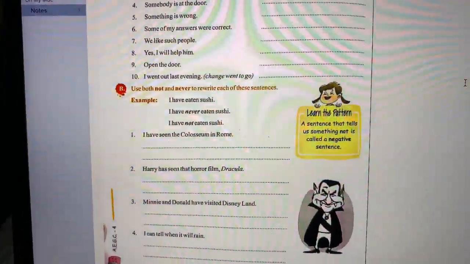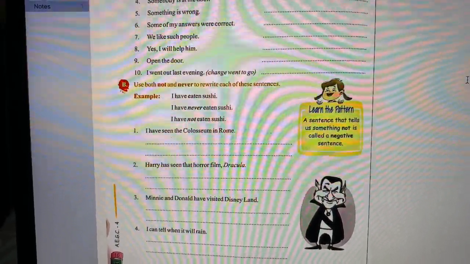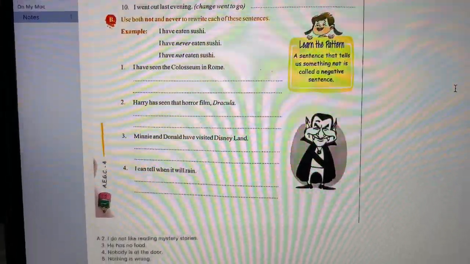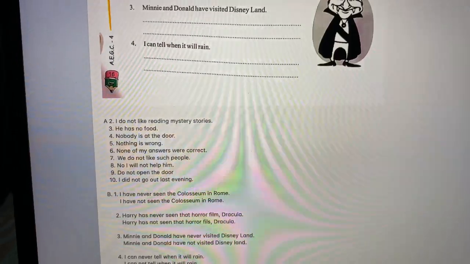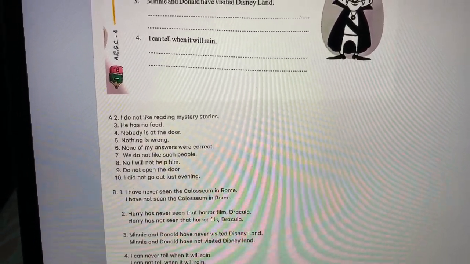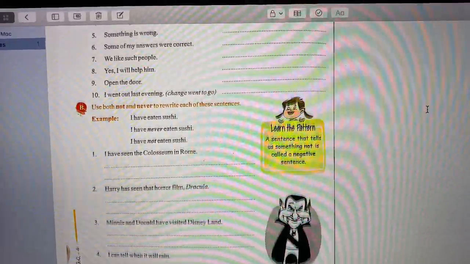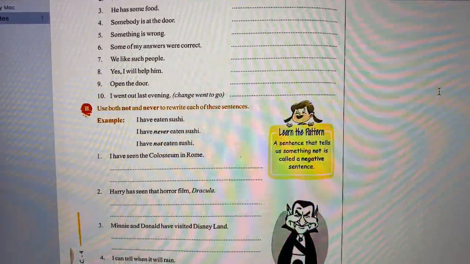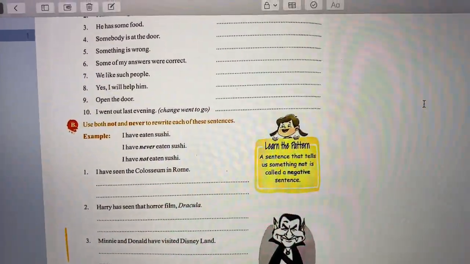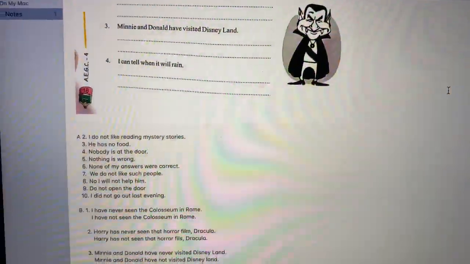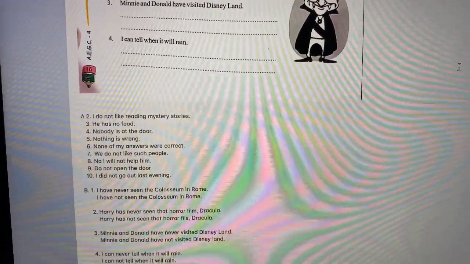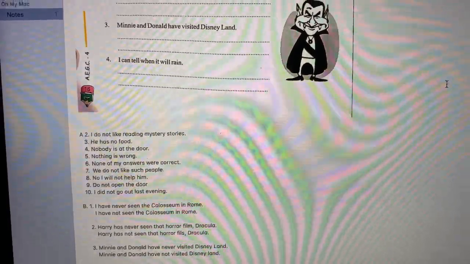Then we go to the seventh one, we like such people. If you want to change this to a negative sentence, it will be, we do not like such people. So then we have, yes, I will help him. To turn this into a negative sentence, we have, no, I will not help him. Okay.